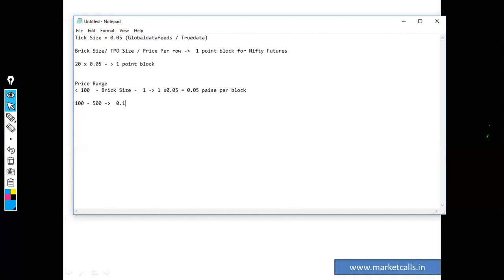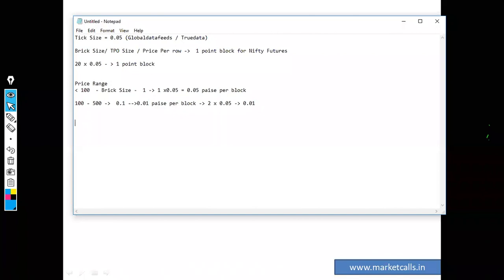Or 0.1, in fact, 0.1 might work well. So every 10 paise per block. That means in your software, you have to set 2. That will be multiplied by 0.05, and it gives you 0.1 paise per block.